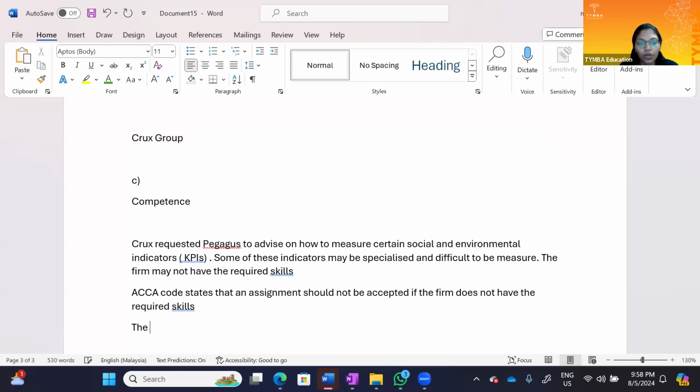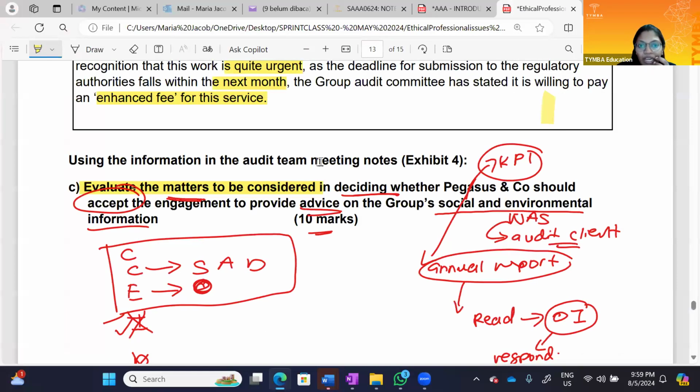We also want to say the firm may need to engage an external expert, if there is a lack of skills. And to confirm, why do I put "to confirm"?